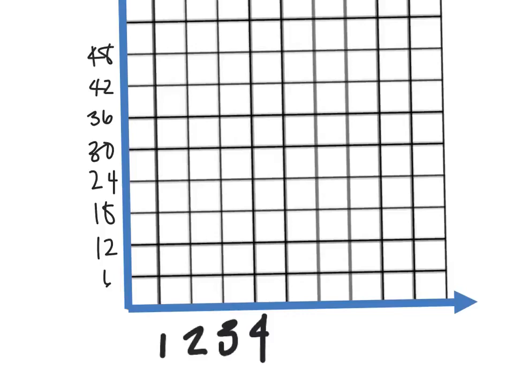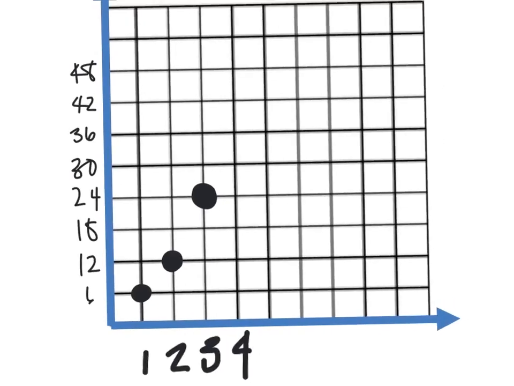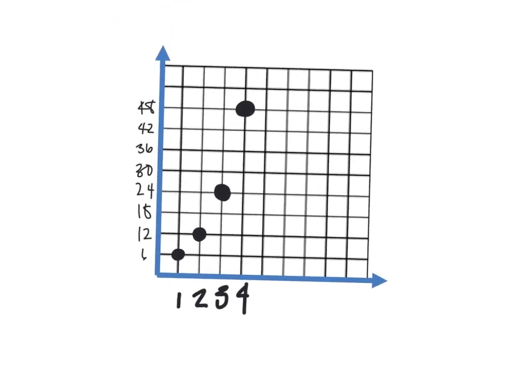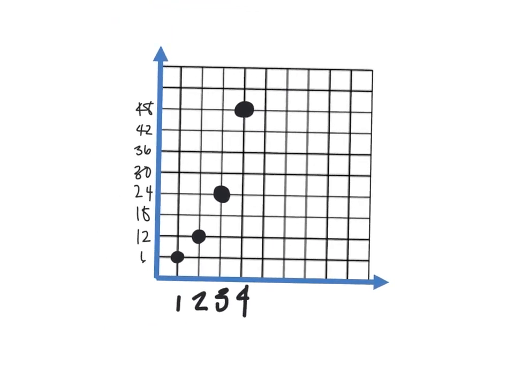What was our first point there? 1 and 6. Okay, so I'm going to put a point at 1 and 6. All right, what was our next point? 2, 12. Our next point? 3 and 24. And then our fourth point? If I were to connect these, what kind of shape would that make?